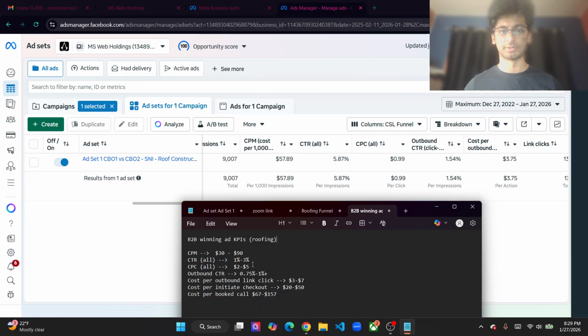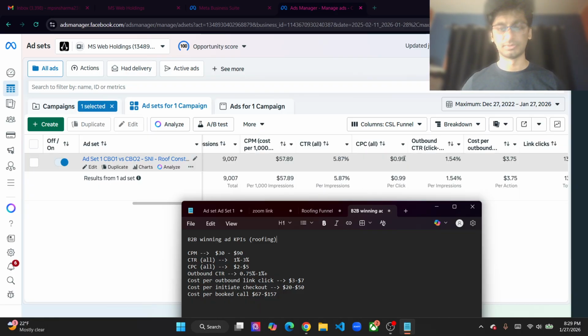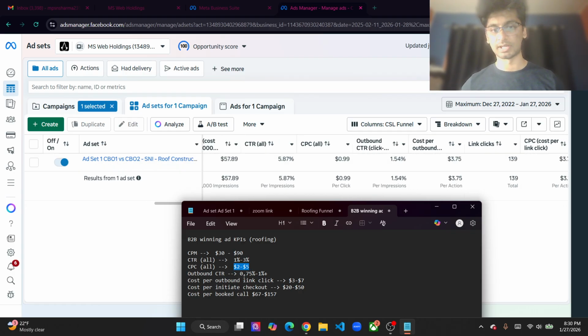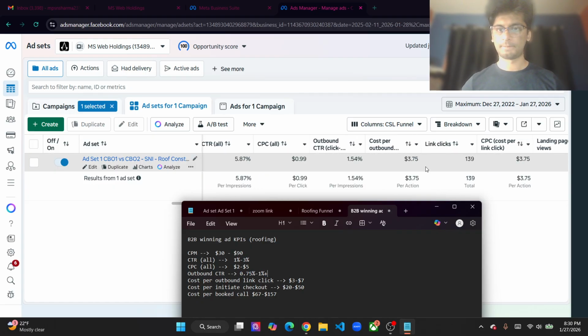So cost per click is really low, 99 cents, which is pretty good. So like $1. And this one is definitely even below range. So $2 to $5, we have $1. Perfect. Outbound CTR is really high. Ours is 1.54%, and this is way higher than our KPI.